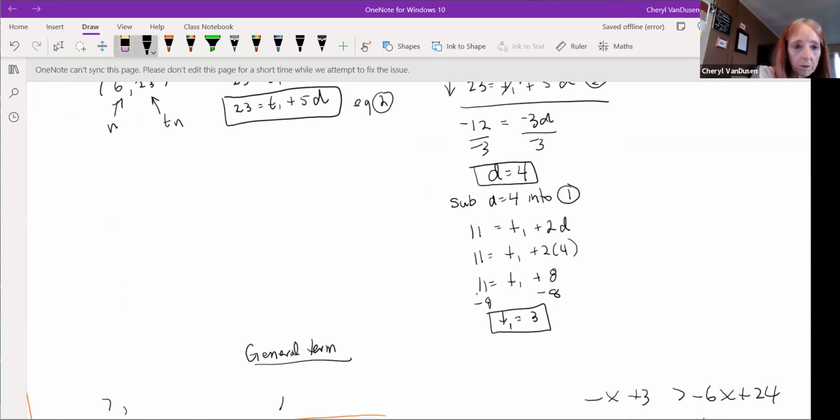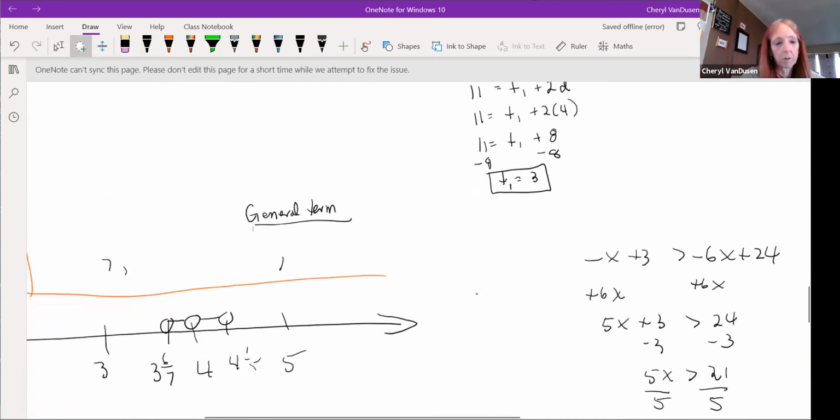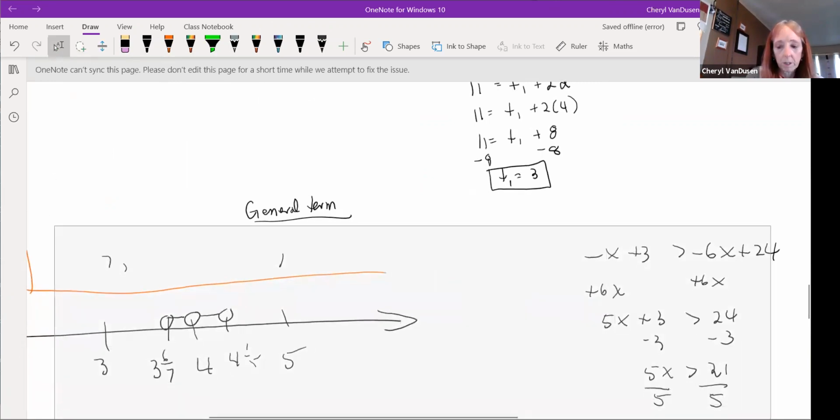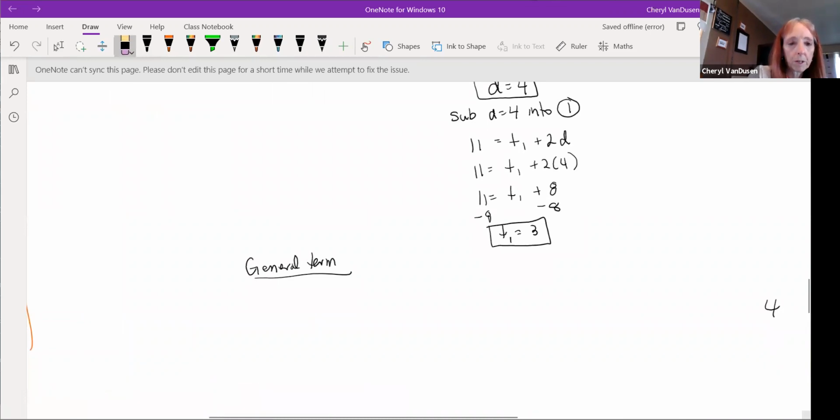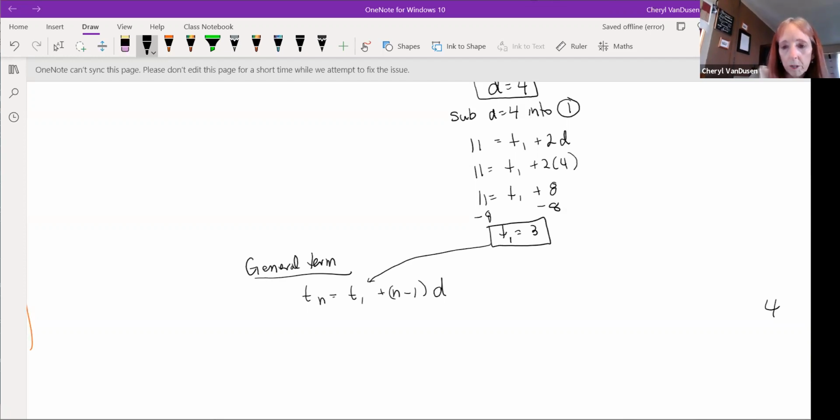What we're wanting for a general term, I'm just going to get rid of some more work. Okay, so for the general term, what we try to do is put as much information into the formula as we can. So we'll go back to the regular formula of an arithmetic sequence, and we can insert term 1 because we know it, and we can insert d because we know it.